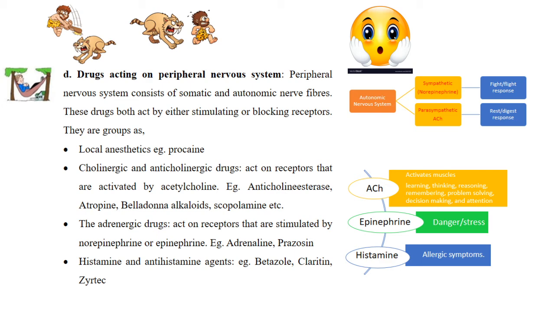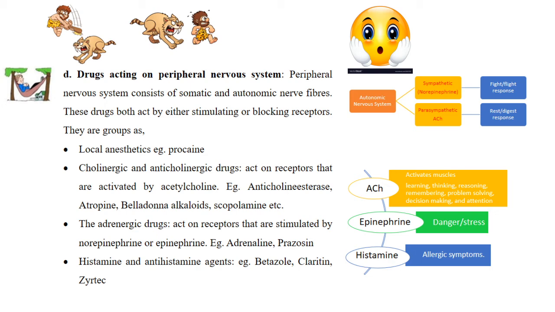The next one is cholinergic and anticholinergic drugs, which relate to the release of the neurotransmitter acetylcholine. Acetylcholine is responsible for the activation of muscles as well as cognitive functions such as learning, thinking, reasoning, problem solving and decision making.